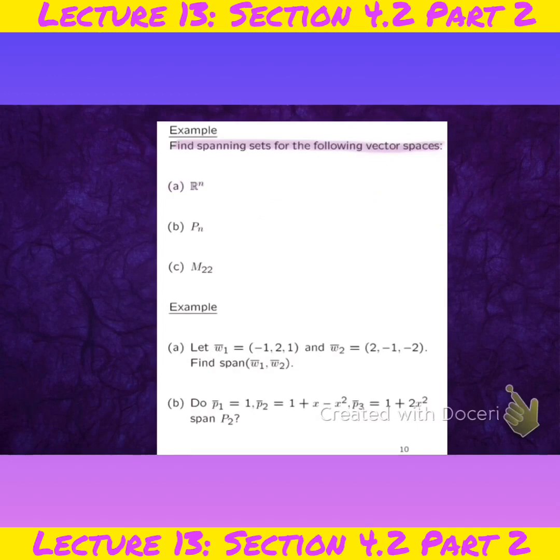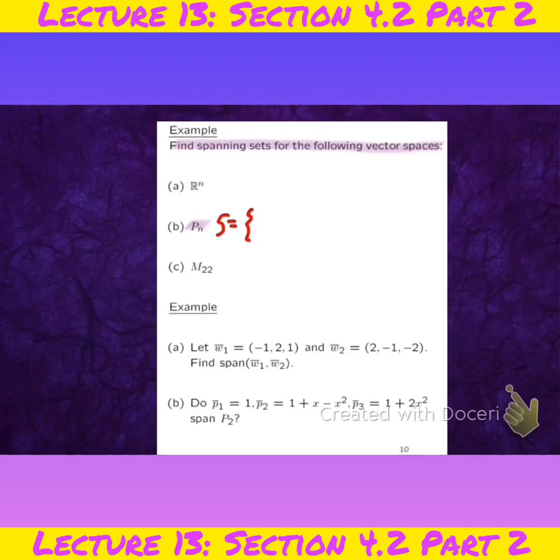All right, next, what would be a spanning set of Pn? Pn is all polynomials of degree less than or equal to n. So a spanning set there would be very similar to the spanning set of the previous space.